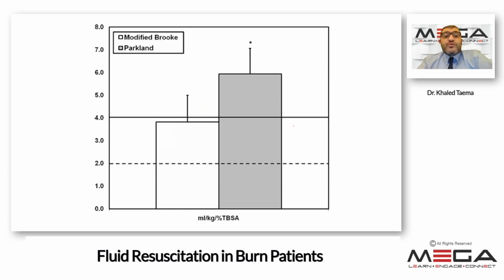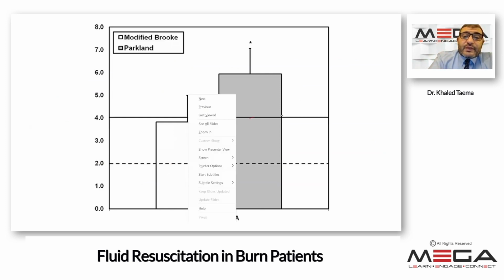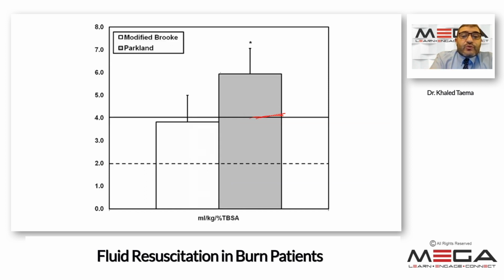What we should observe in this trial is that when the Parkland formula is supposed to give a volume at the level of 4 milliliter per kg, it would actually give a volume of about 6 milliliter per kg, with over-resuscitation by this amount of volume per kg.